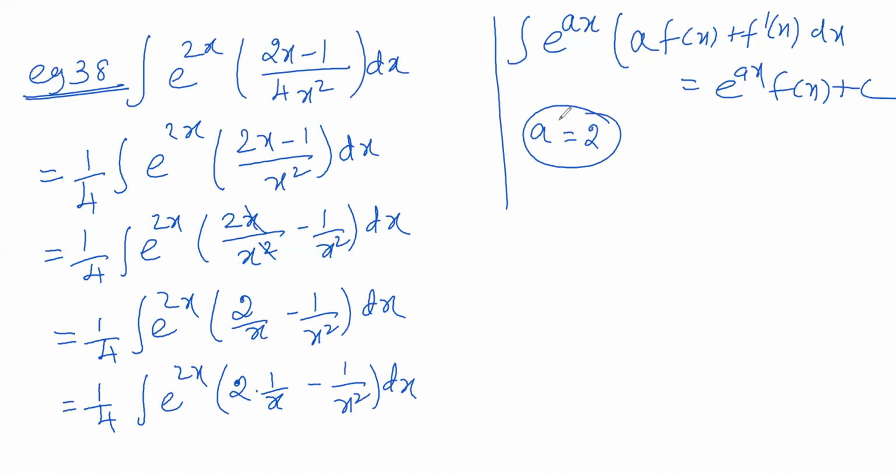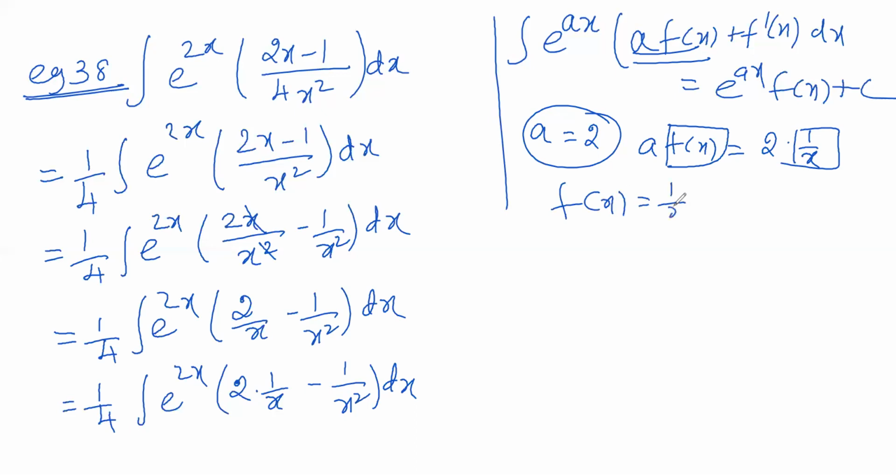And inside, a into f of x. Here we are having 2 into 1 by x. So in the place of f of x, we are having this 1 by x. So we'll have f of x is equal to 1 by x.